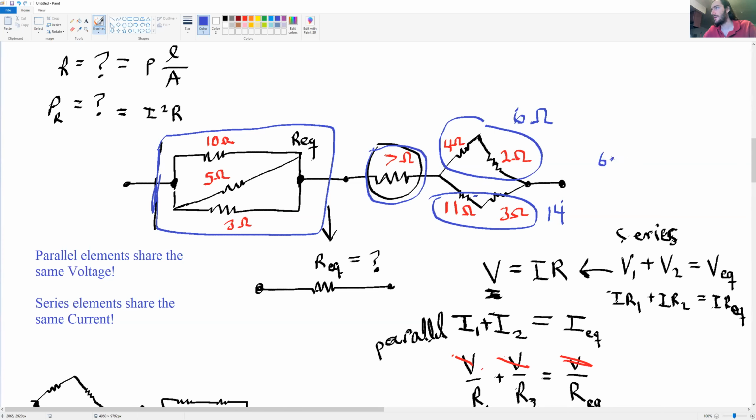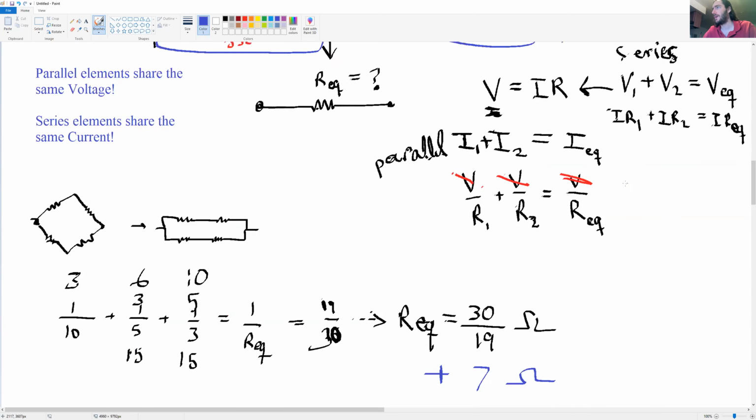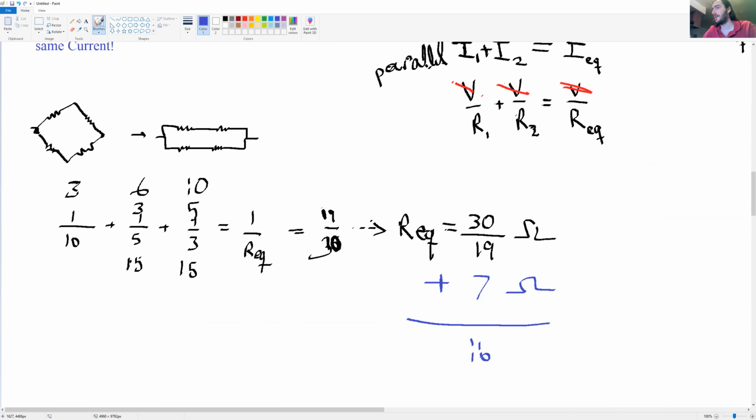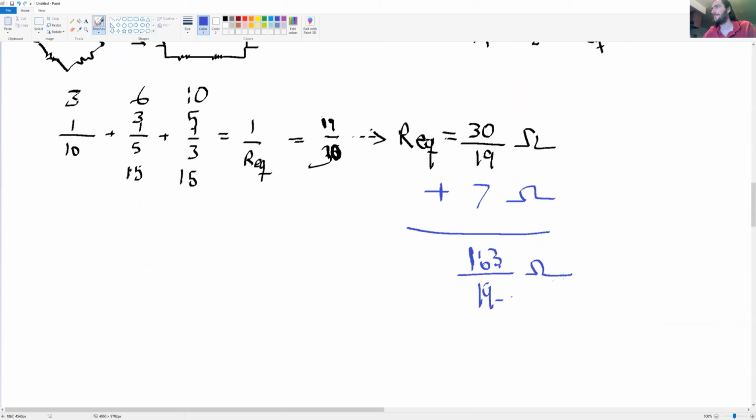So 6 times 14 divided by 20. Okay, 163 over 19 for this answer here. That's an exact answer. And then we're going to add into that 84 over 20.